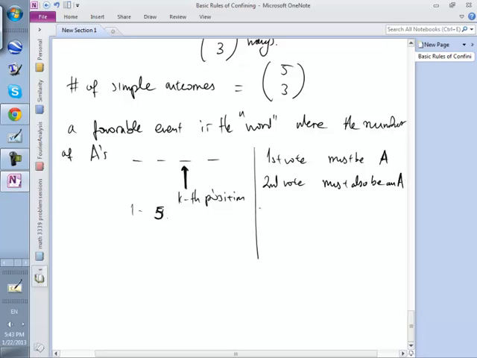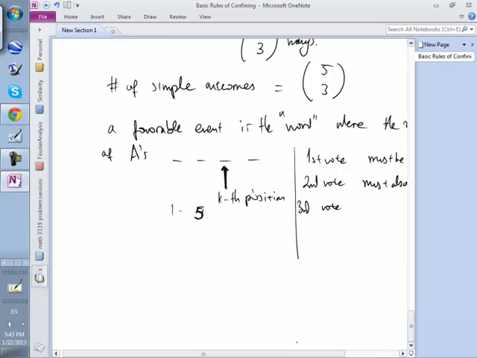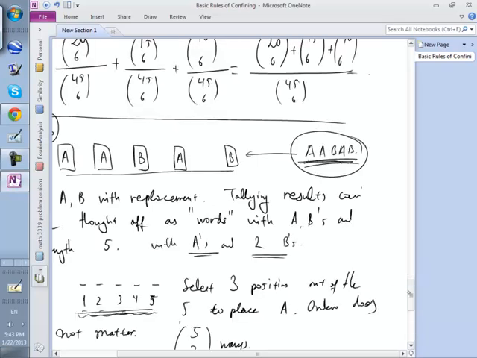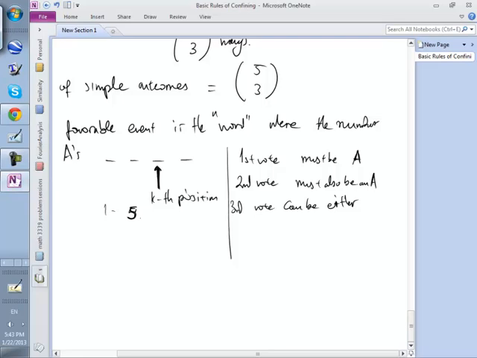The third vote can be an A or a B. So for the first and the second position, we have locked both A's, but when the third vote has been drawn for the tallying, that can be either one. So we have two choices, either A or B.